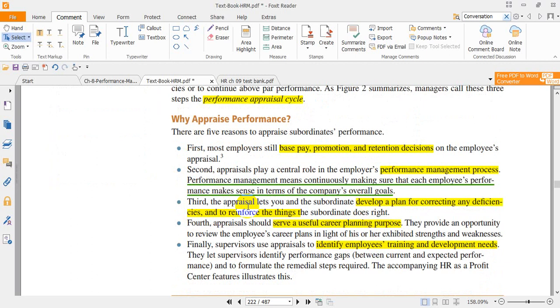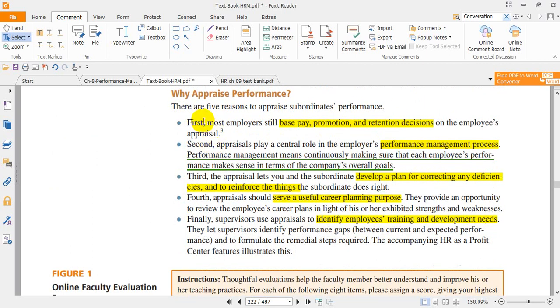Okay, why appraisal, or why appraise performance? There are 5 reasons to appraise subordinates' performance.